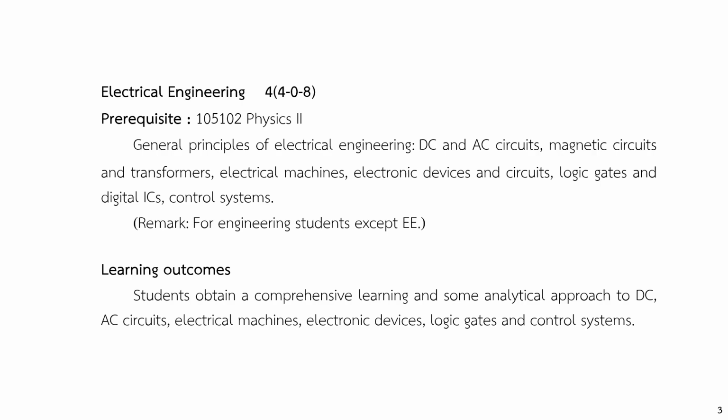Just to get an idea what DC current and AC current are, and what you should know about electrical engineering. Then we learn about the magnetic circuit, transformer, machine, electronic device, circuit, logic gate, IC, and control system. Too much. I think it's too much for you.